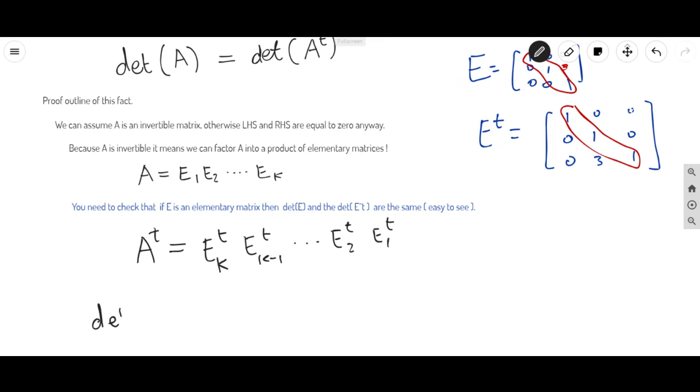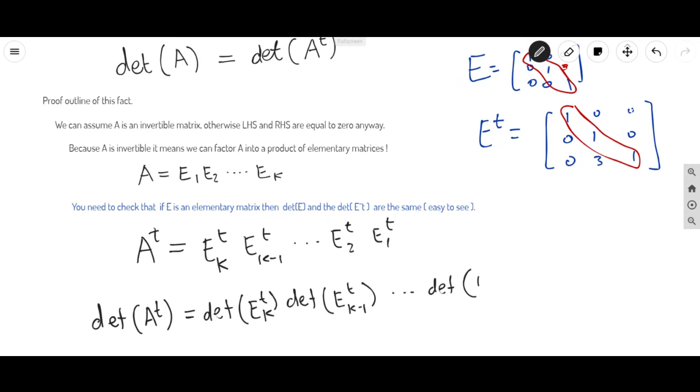And now take the determinant of A transpose. Using the property that the determinant is multiplicative, that's going to be the determinant of EK transpose, the determinant of EK minus 1 transpose, all the way to the determinant of E1 transpose.